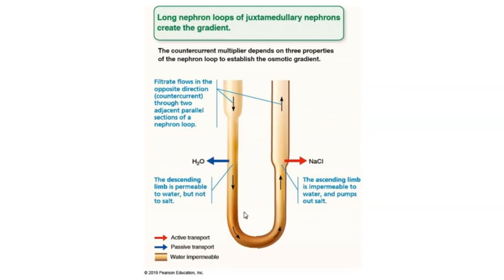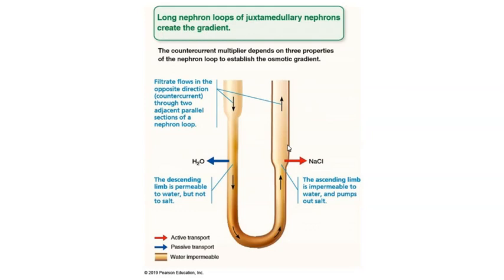It diffuses out. What we see in the ascending limb, the ascending limb that makes its way up to the distal convoluted tubule, is that it actively pumps out things like sodium chloride, but it is impermeable to water. So you notice that there is no water leaving the filtrate in the ascending limb.